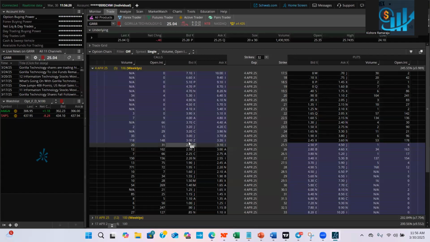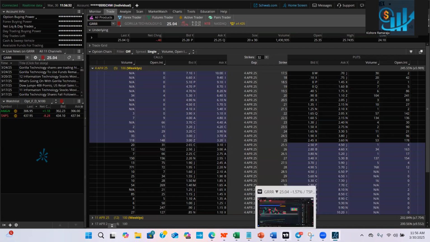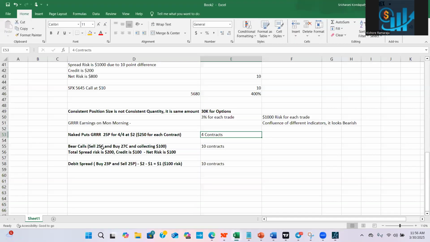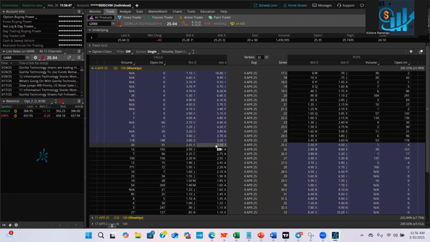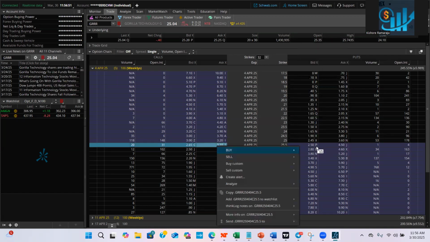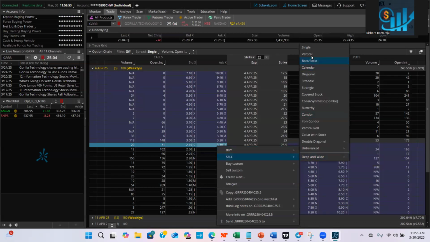So I can sell the 25 and buy the 27. Bear call means we are bearish about the stock and we want to sell the 25 call and buy the 27 call. So you go here and do a sell vertical.